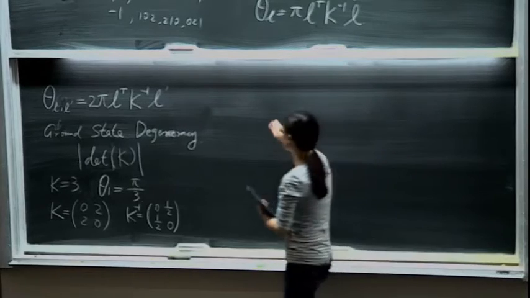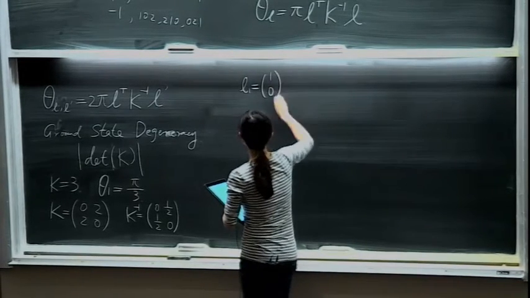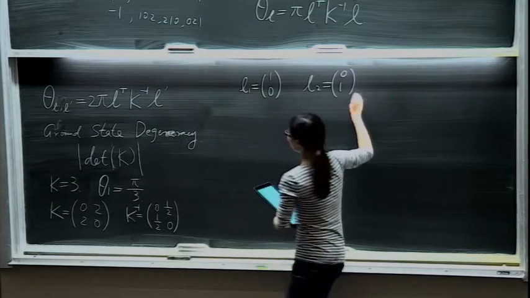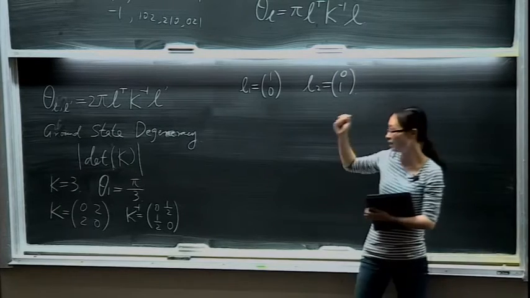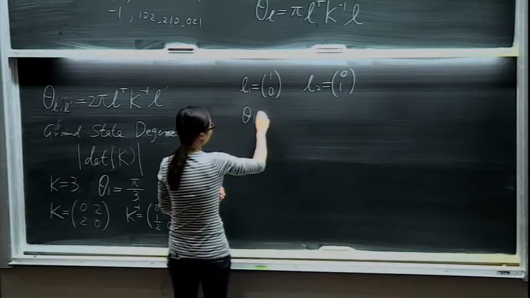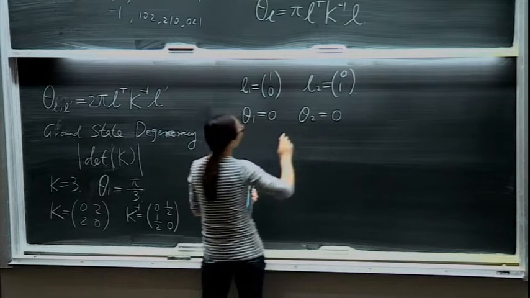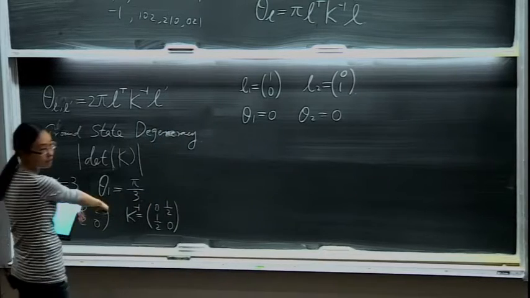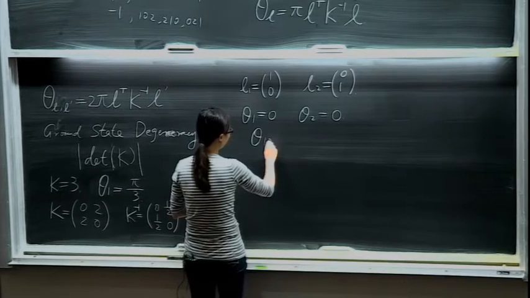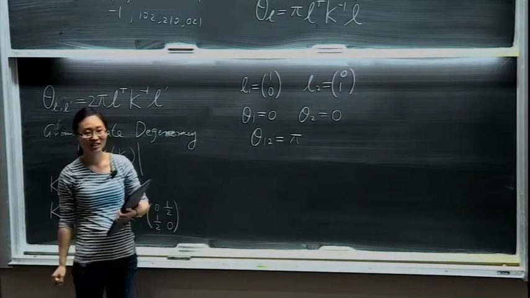So now it's two-dimensional, so there is L1 equal to 1, 0. And there's another vector, L2 equal to 0, 1. And if we plug it in and calculate the self-statistics, theta 1 equal to 0, theta 2 equal to 0, because the diagonal terms of this K matrix are 0. And if we calculate their mutual statistics, theta 1,2, it becomes pi, right?